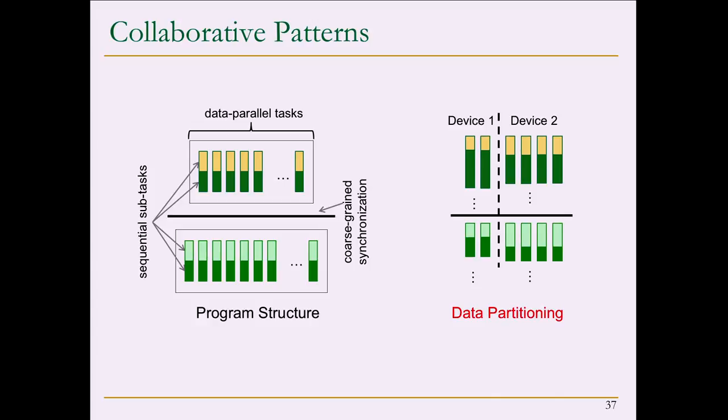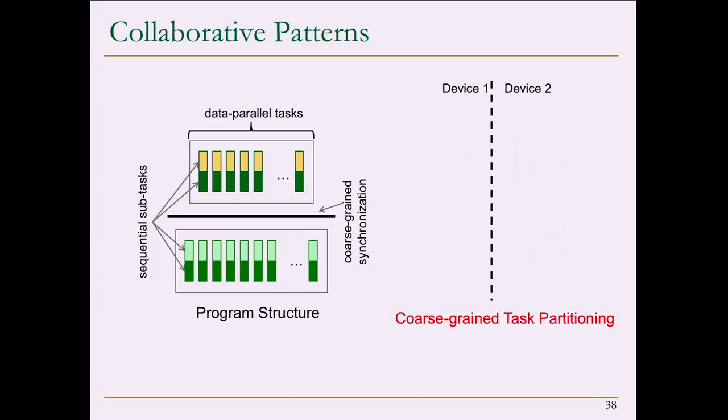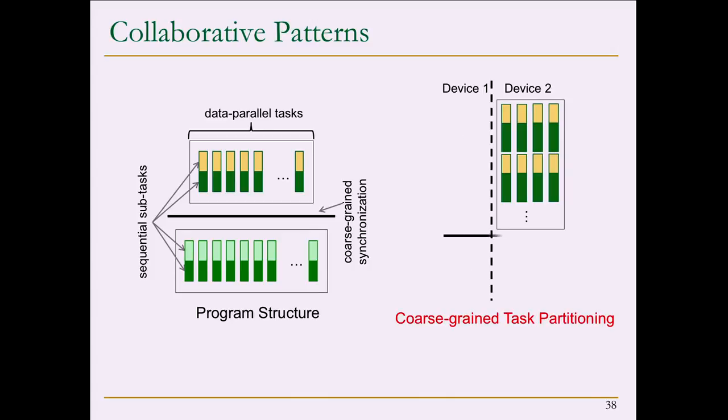So one thing we could do is assigning those tasks to the device that executes them faster. So we could do something like that. That's why we call it coarse-grained task partitioning. We assign the entire tasks to the device that is faster for these tasks.